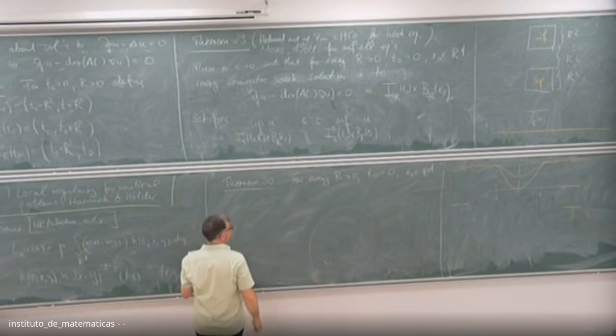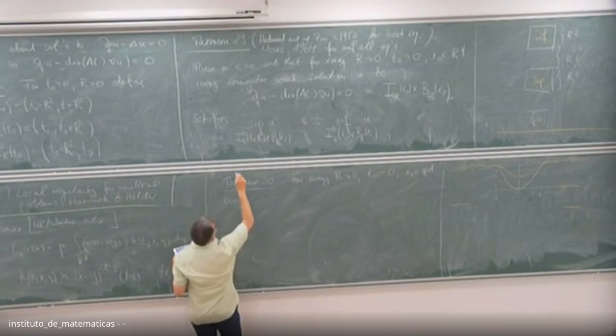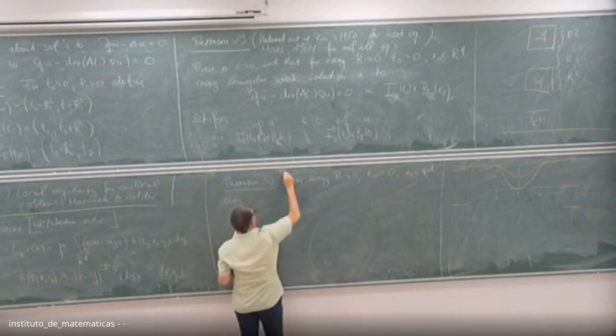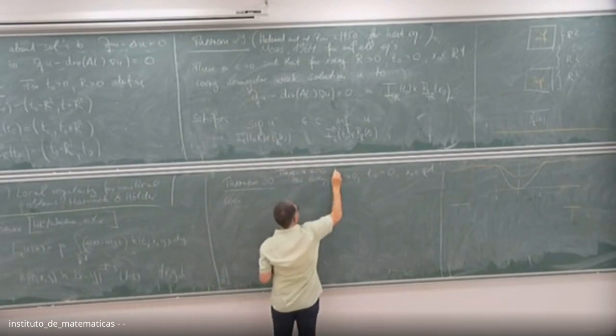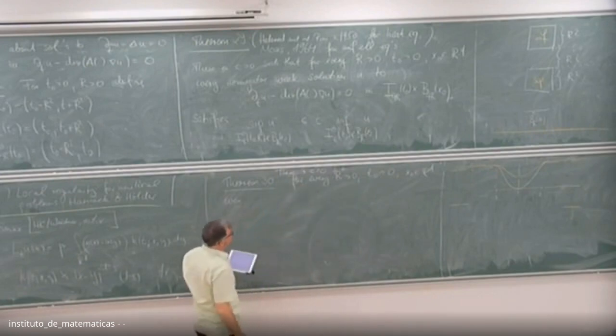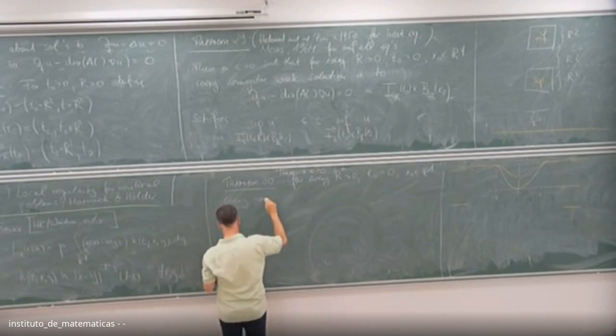Let's formulate it in the easiest way. There's a constant C positive such that for every R, T naught and X naught, every non-negative, that's a globally non-negative.